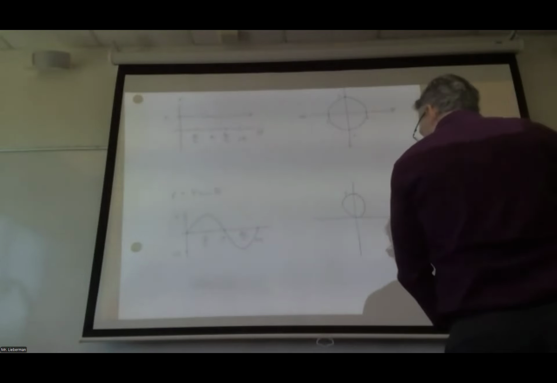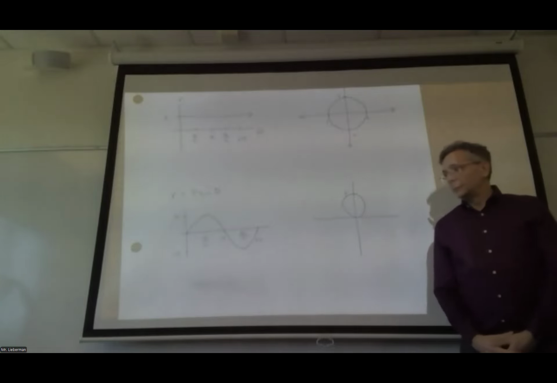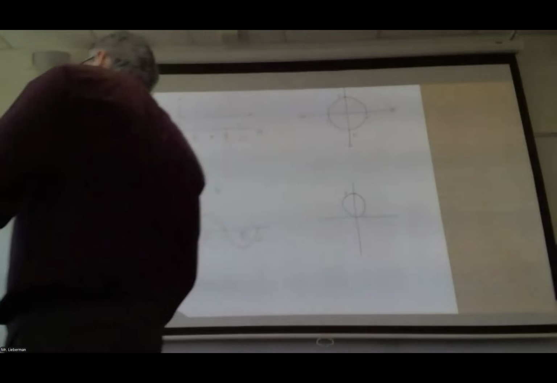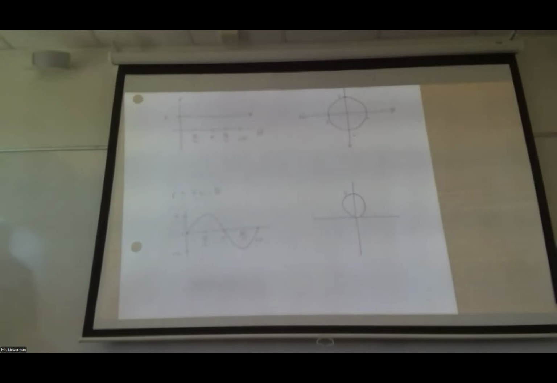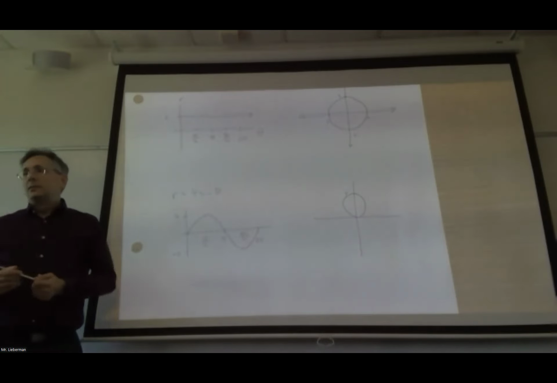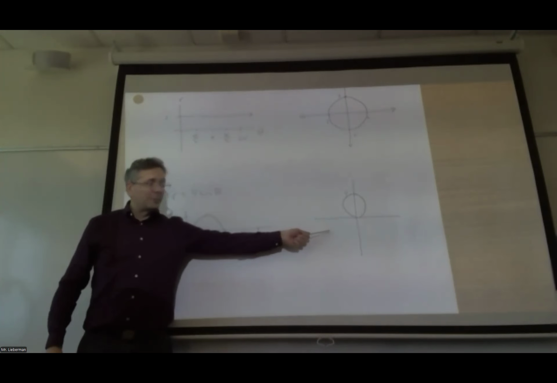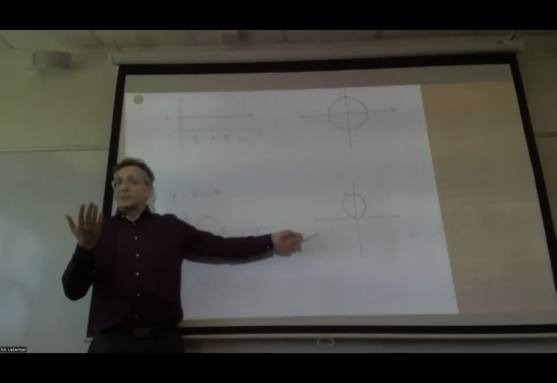In the next quadrant, what's happened with the r's? They're all negative, aren't they? Which means anything in the third quadrant will appear in the first quadrant. So it's the same thing.